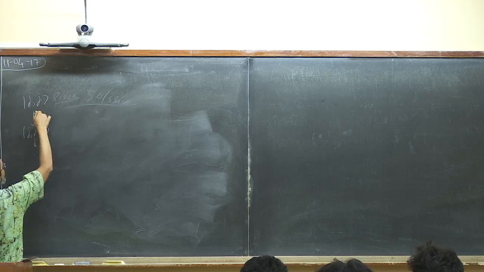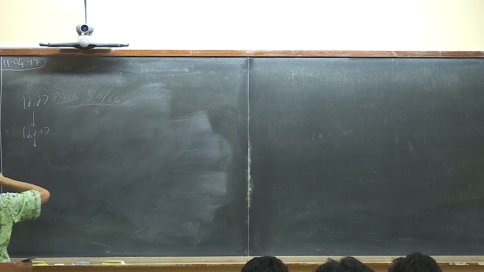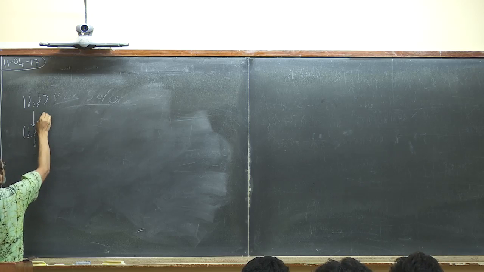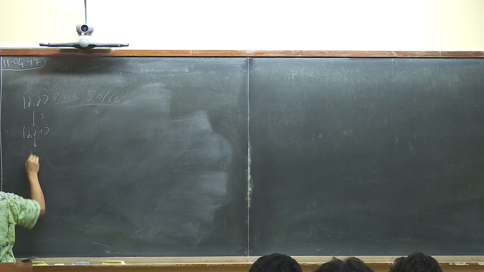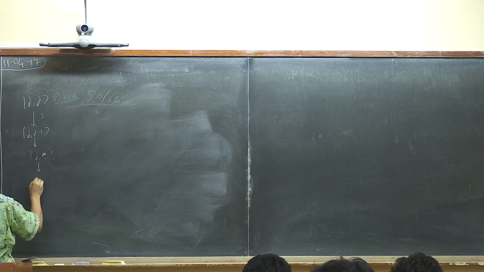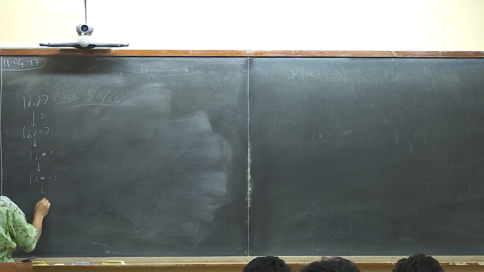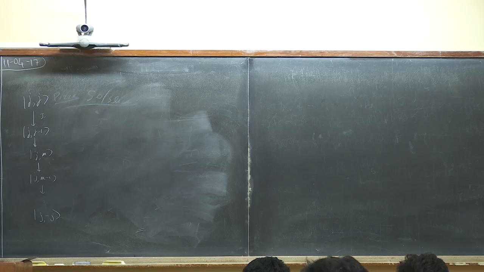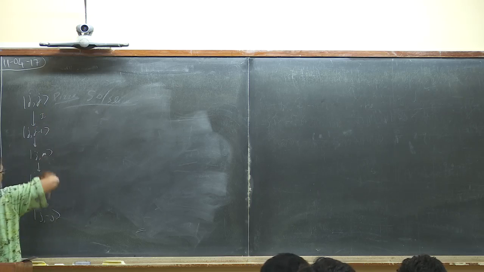I keep applying J minus, and at some stage I will have J_n, then J_{n-1}, all the way up to J minus J. Okay, and about coefficients, this is all about the J minus action.